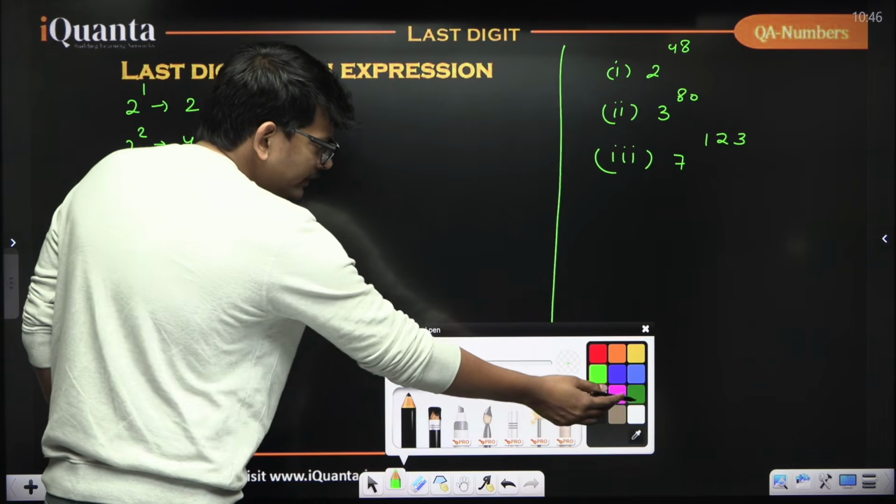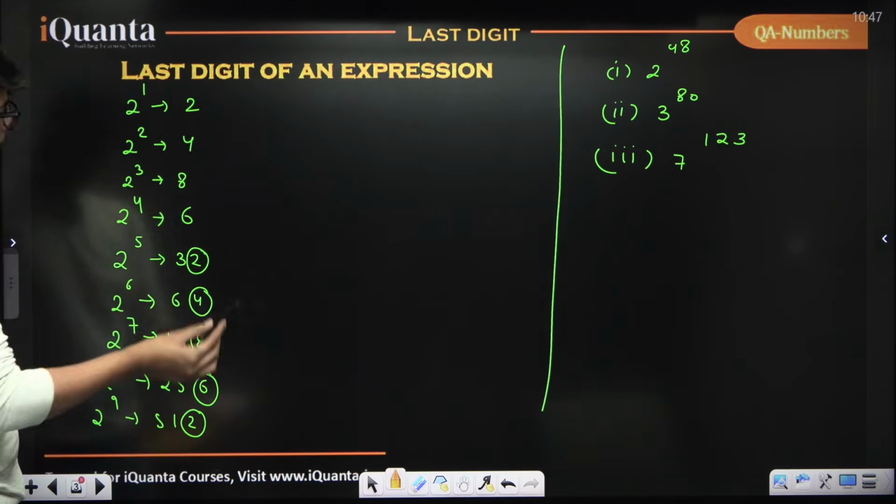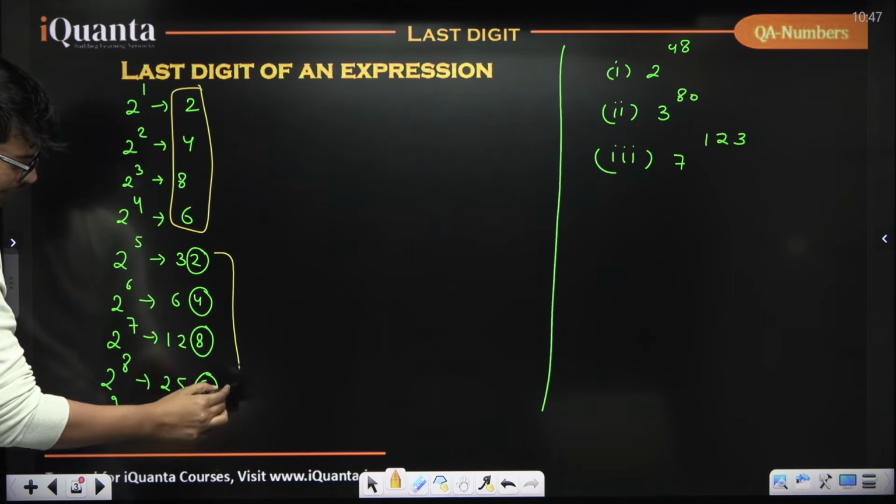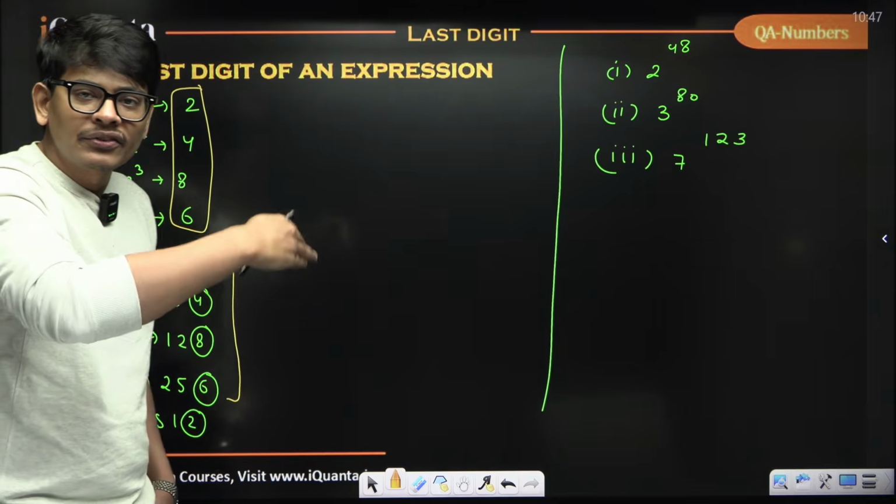Now if you can see a pattern from this, the pattern is 2, 4, 8, 6, and again the cycle starts from 2.